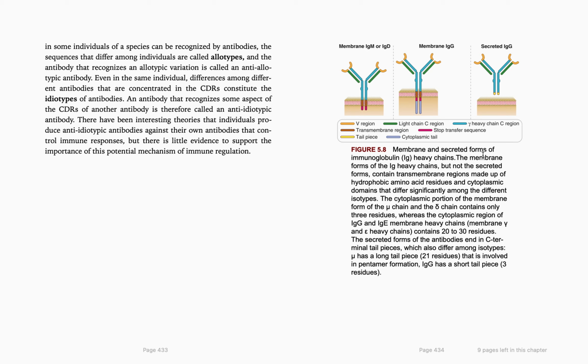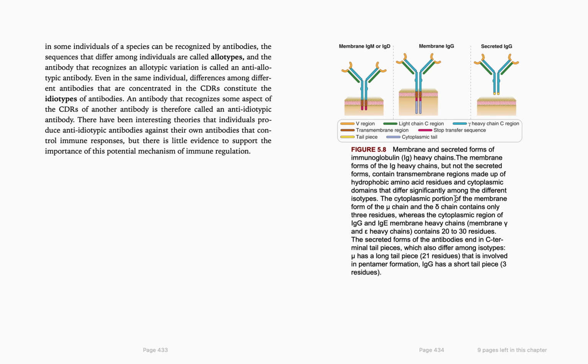So, membrane and secreted forms of immunoglobulin heavy chains. The membrane form of Ig heavy chains, but not the secreted form, contains a transmembrane region made up of hydrophobic amino acid residues and a cytoplasmic domain that differs significantly among different isotypes.